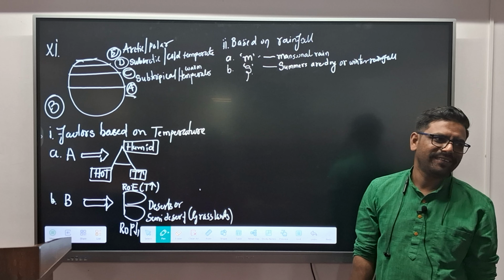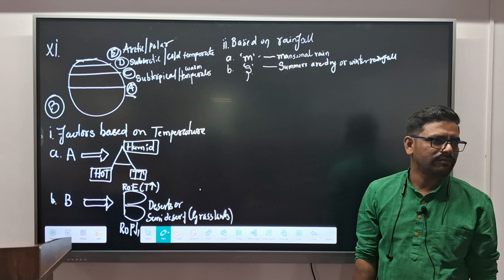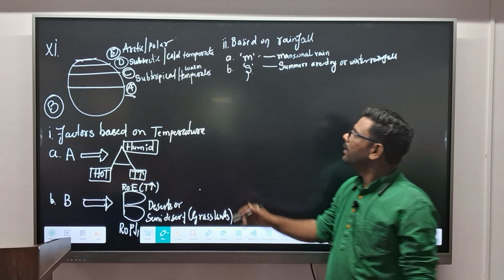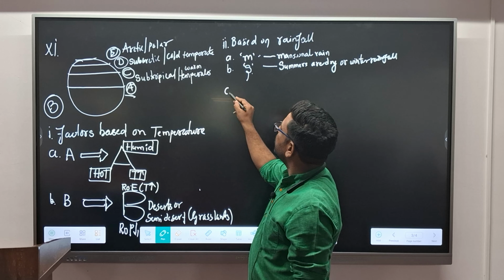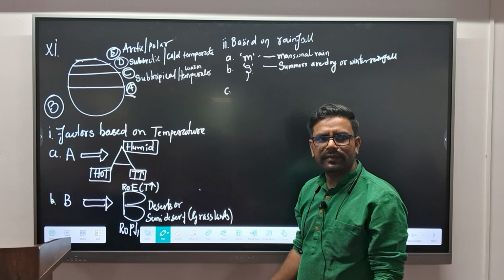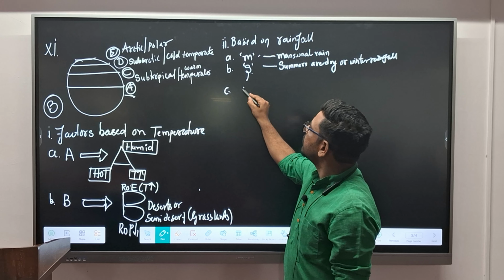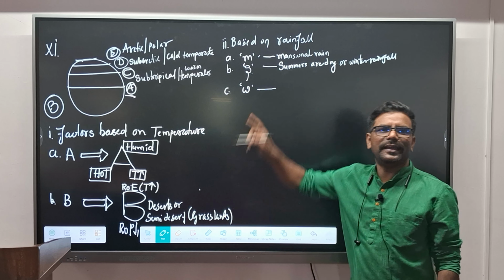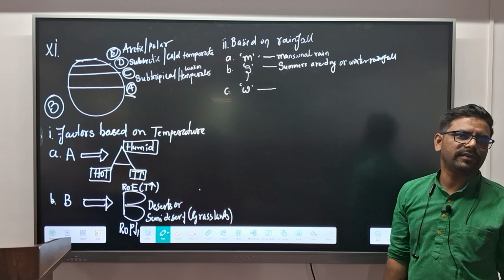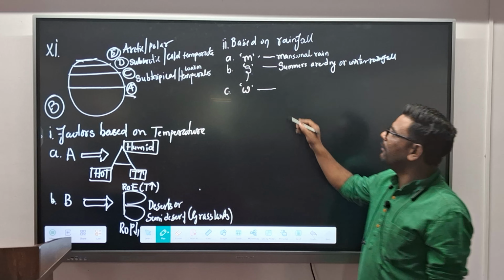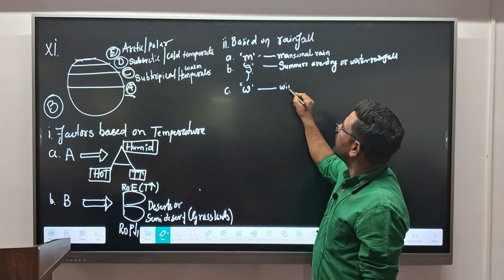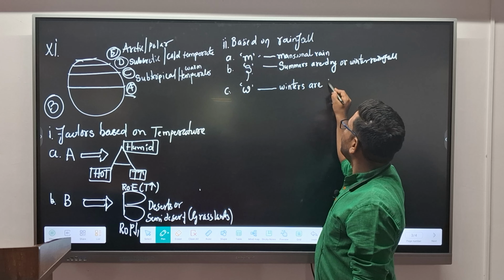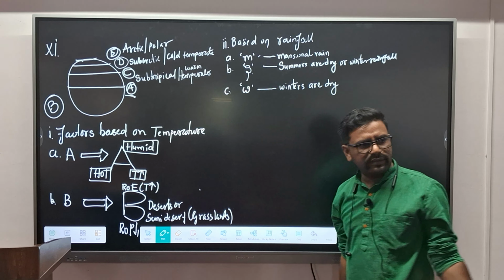Similarly, based on the same concept, small w means winters are dry.